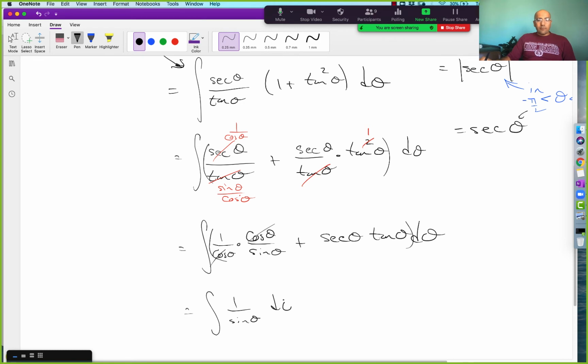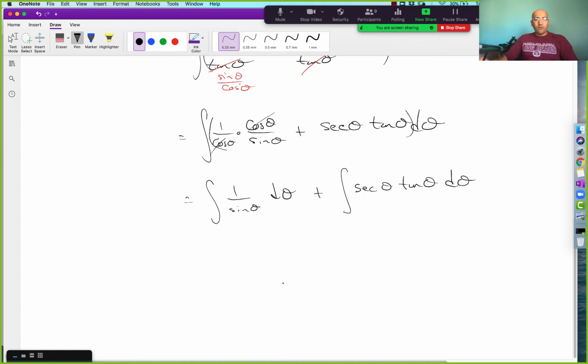I'm just going to go ahead and separate them: the integral of cosecant theta d theta plus the integral of secant theta tangent theta d theta.